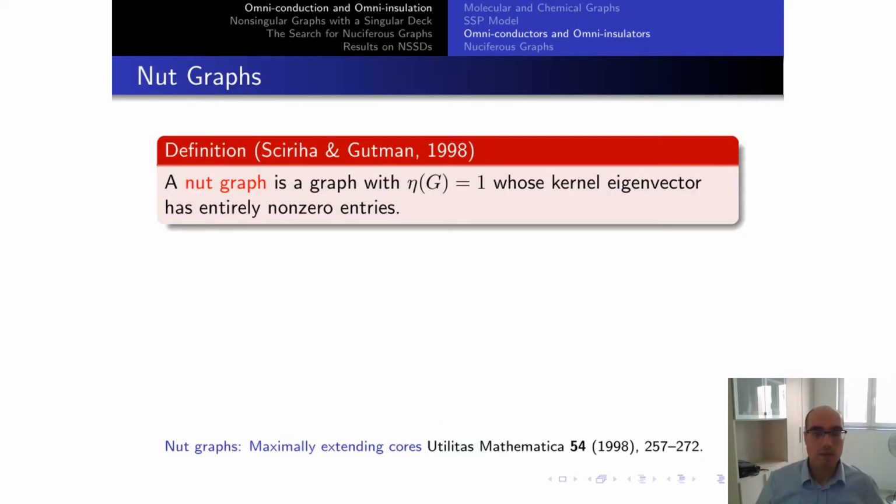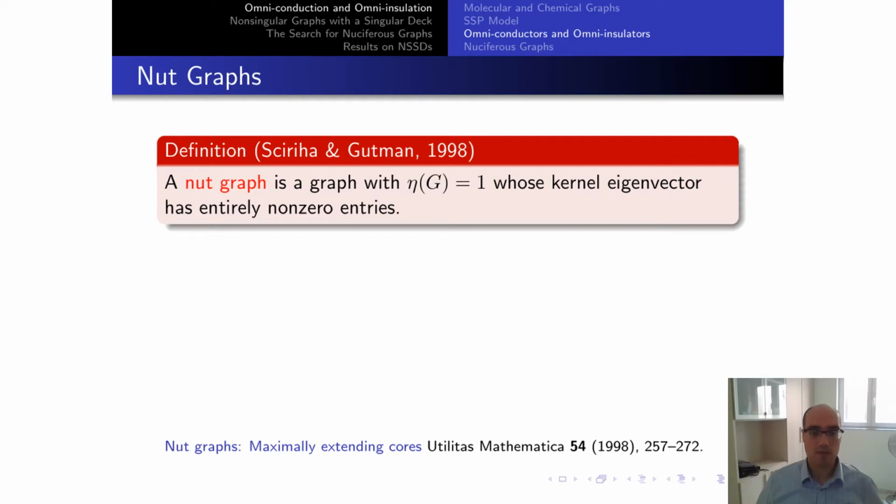So let's leave chemistry for a moment and focus on knot graphs. What is a knot graph? A knot graph is a graph whose definition was introduced in 1998 by Sciriha and Gutman. A knot graph is one that has nullity 1 and whose kernel eigenvector has non-zero entries throughout.